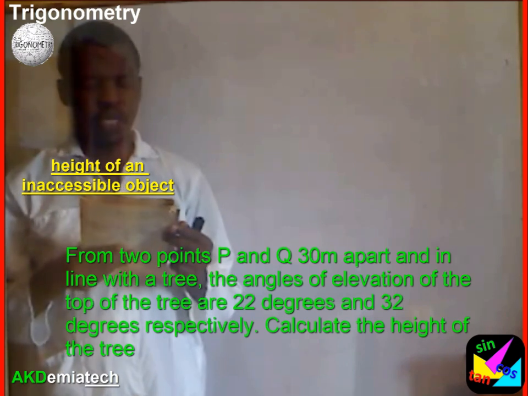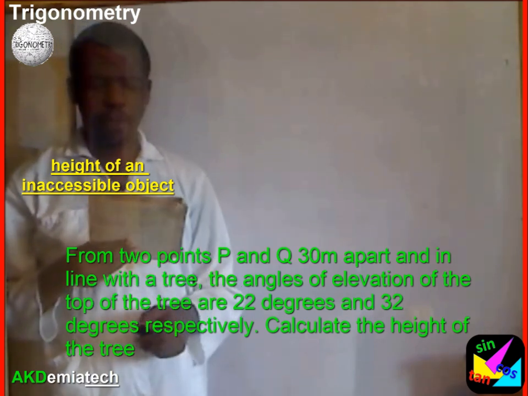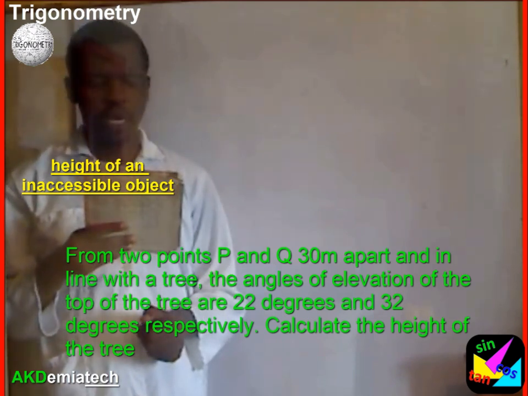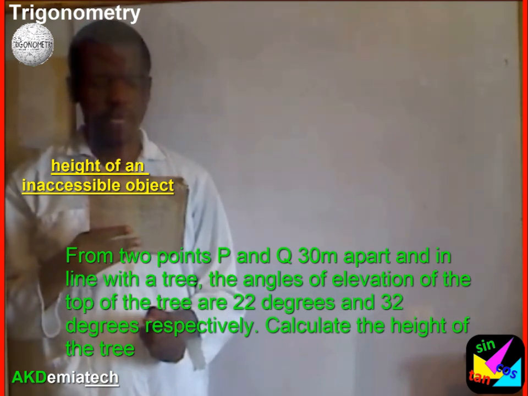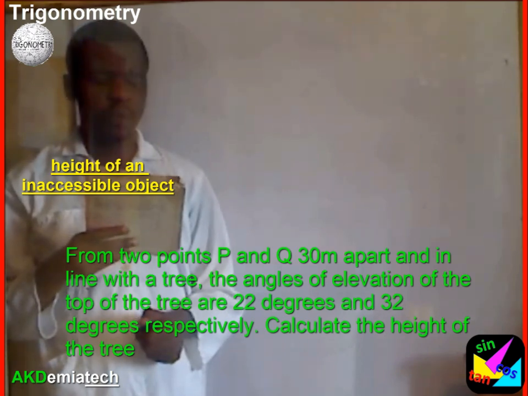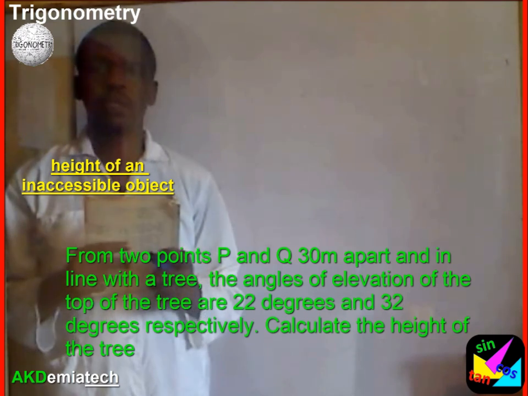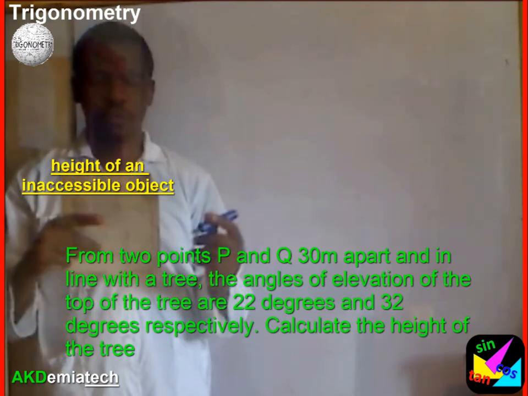From two points P and Q, 30 meters apart and in line with a tree, the angles of elevation at the top of the tree are 22 and 32 degrees respectively. Calculate the height of the tree. So let's start by sketching a diagram.